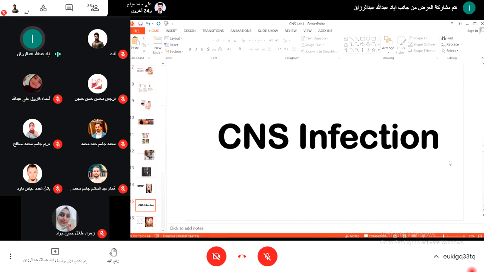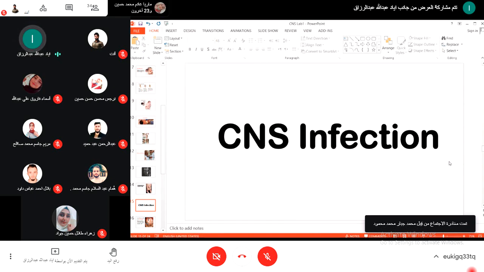We move to another group of disorders, CNS infection. And I emphasize that the practical lesson requires orientation and a focus on practical aspects rather than theoretical details. As we agreed, the central nervous system is composed of the brain and spinal cord. So there is either encephalitis, meningitis, or myelitis.